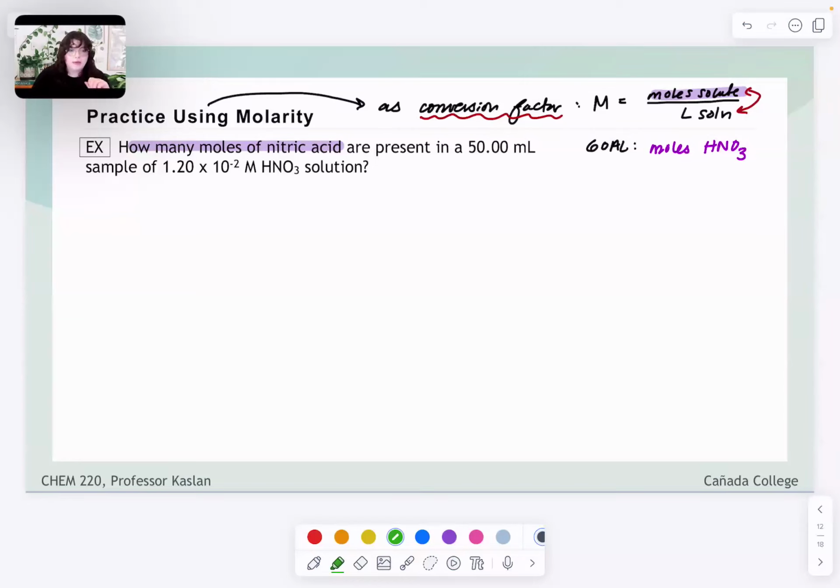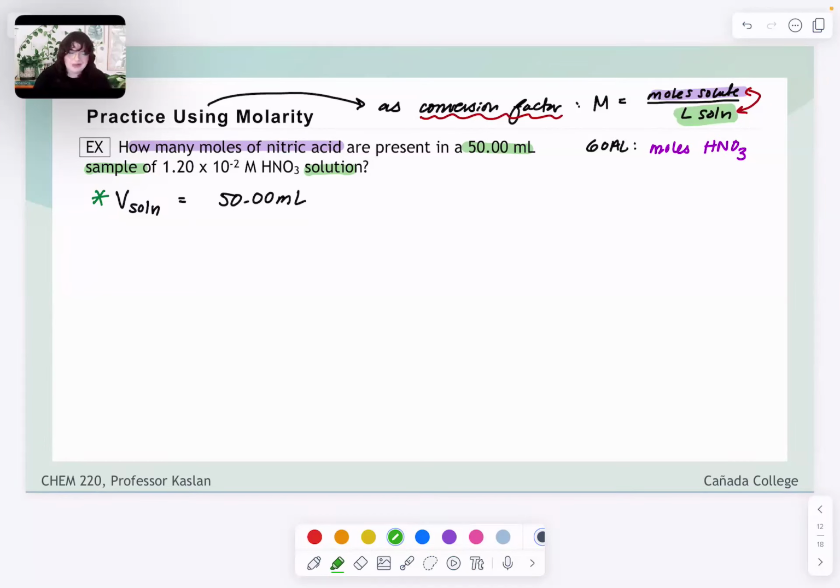So let's see if we can identify any of that information in the problem as given. How many moles are present in a 50.00 milliliter sample of solution? So right off the bat, I know my volume of solution is 50.00 milliliters. So if I'm trying to find my moles, I'm going to need my volume of solution.